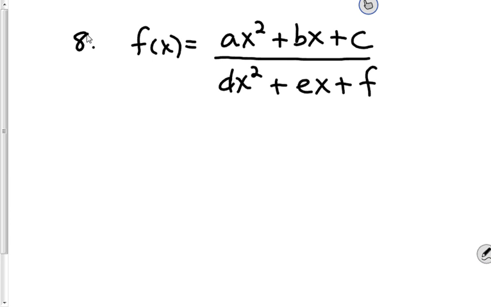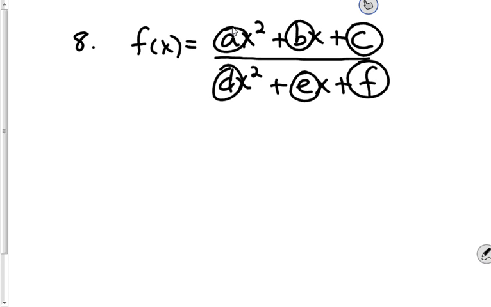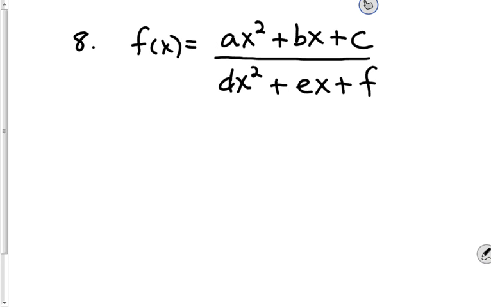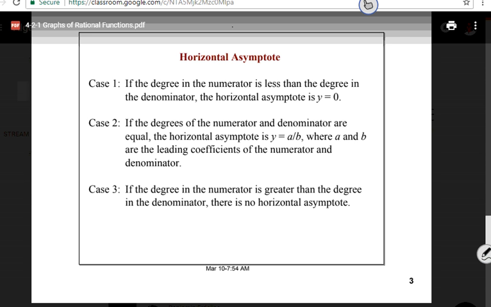Okay, so I like this problem because it probably throws everybody off. You probably get a little bit intimidated by the fact that you have A, B, C, D, E, F. I wouldn't be surprised if you really don't know what to do with those things. But just focus on what they're asking you. They're asking you for the horizontal asymptote, right? Well, remember, we have these three cases. So which case does this fall under?